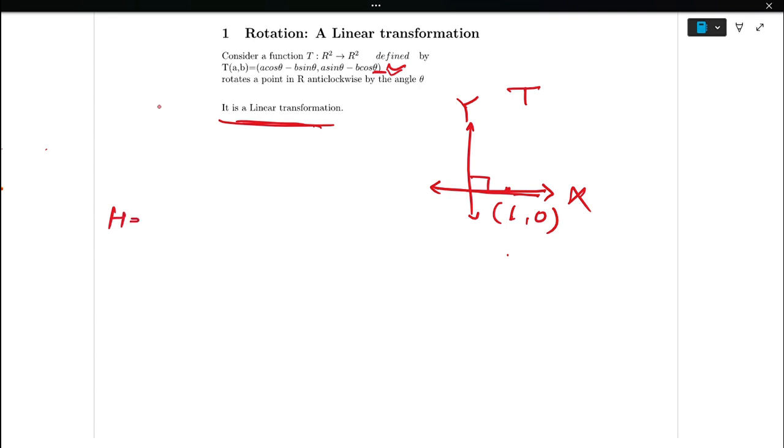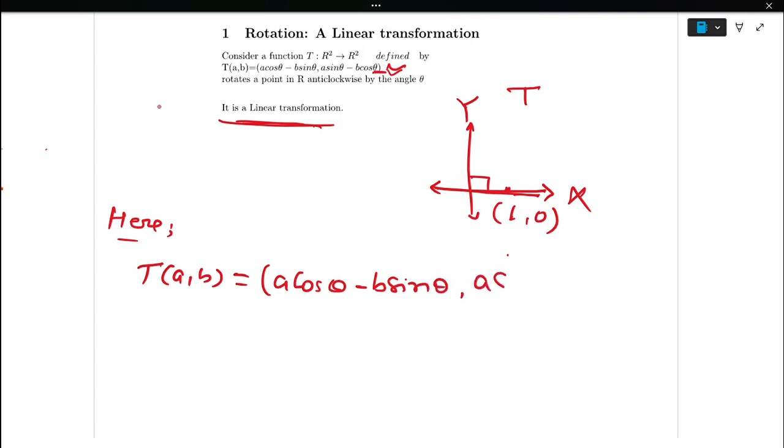Here T is a map from R square to R square, and T(a, b) is equal to (a cos theta minus b sin theta, a sin theta plus b cos theta).